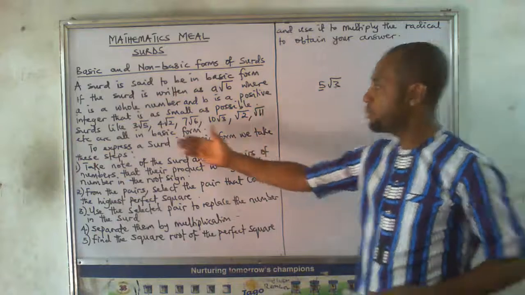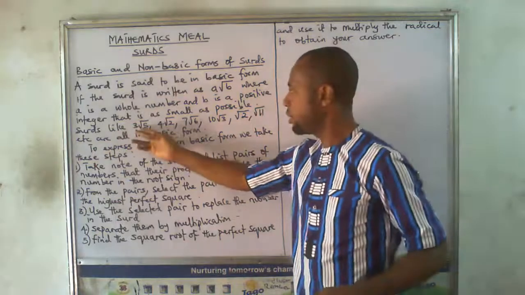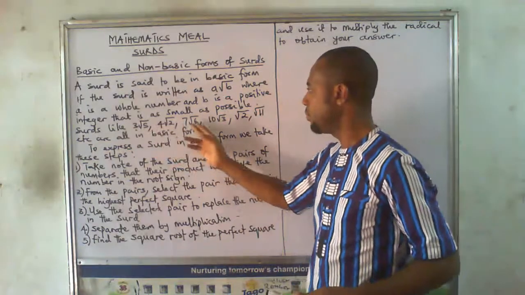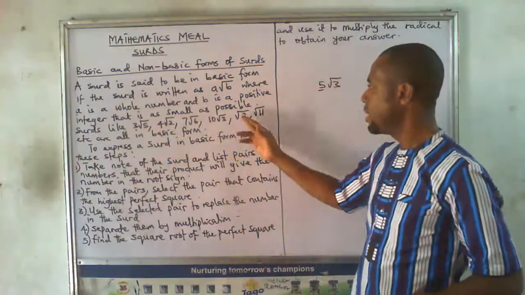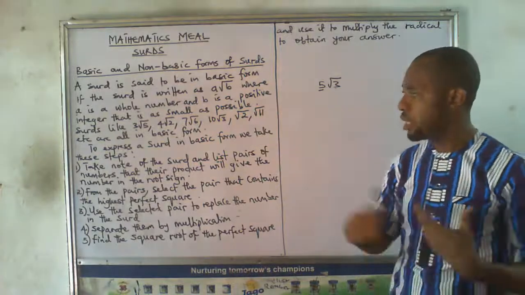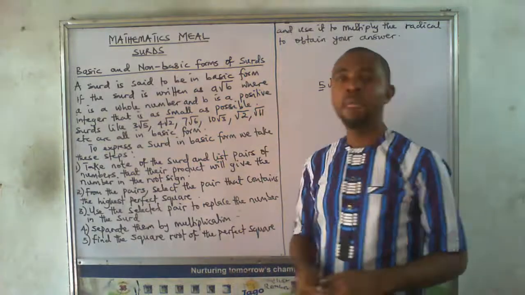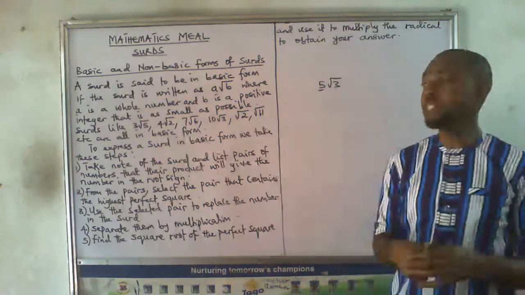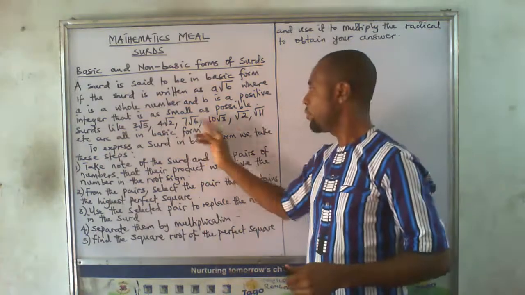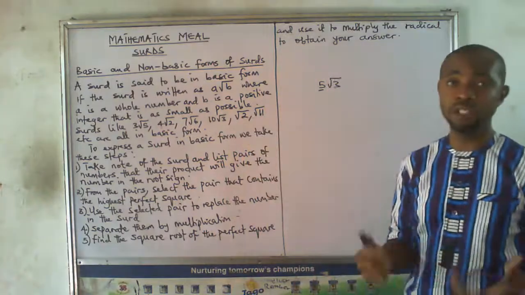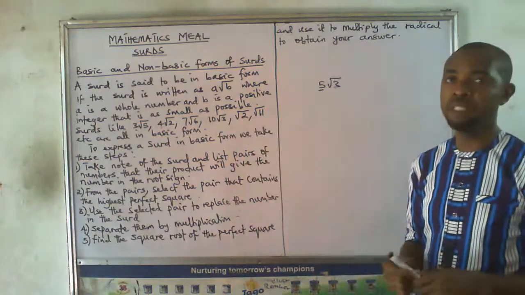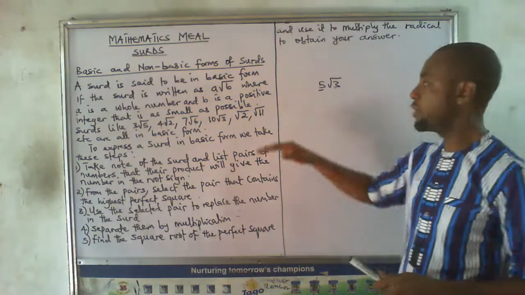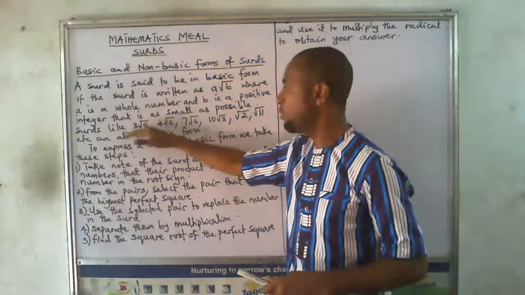So we gave some examples of a basic form of surd. This in basic form, this in basic form, and so on. Now, it means that when a surd is not written in this form, that surd is not in basic form.